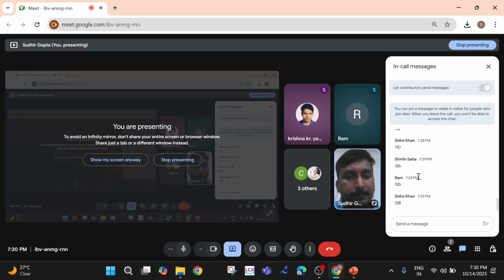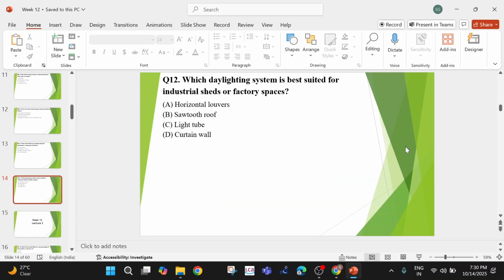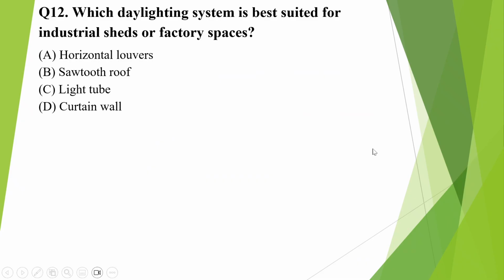Meanwhile, 3 participants are active and they have voted for option B. The correct answer is B only. All of you are correct.